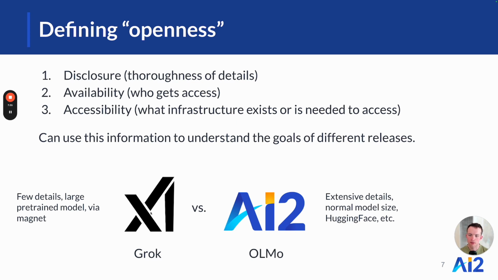Grok also had a permissive license, but this model is so big that you essentially need 8 pretty state-of-the-art GPUs in order to run it or fine-tune it, which is not accessible to the average person. And they pretty much just tweeted a magnet link with no disclosure of how the model was trained or anything. So openness here is really just indexing on availability, where it's available to everyone, but it's not accessible or disclosed in Grok's case. And there are a lot more examples you can go into. It's just a nice framing for trying to understand different flavors of openness, and you can easily compare and contrast when you go through each of these three.